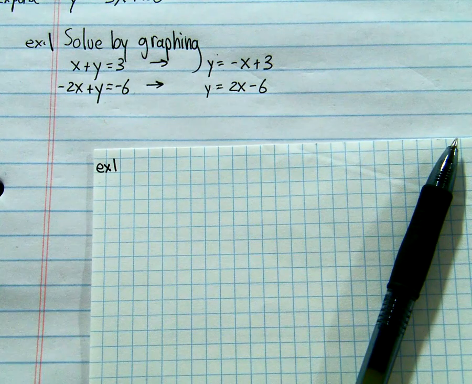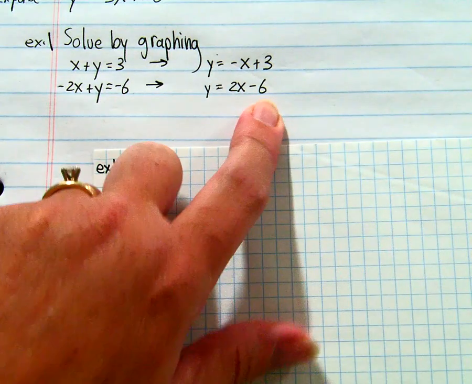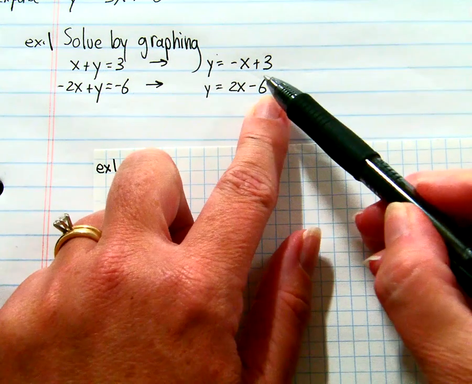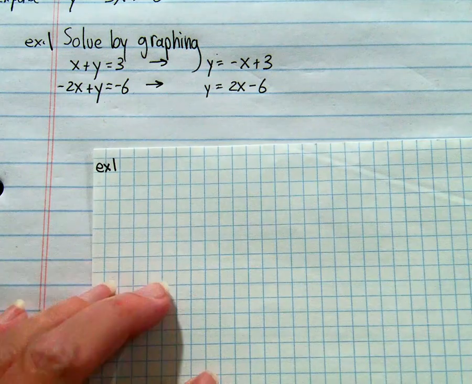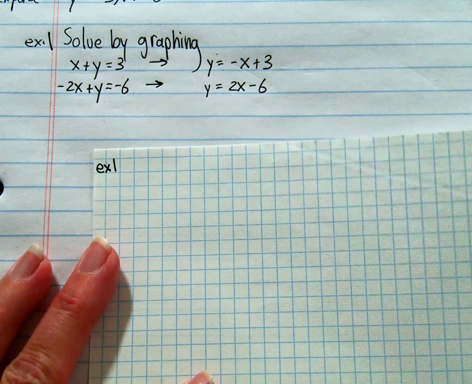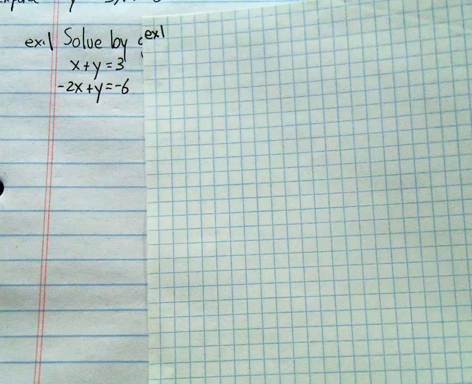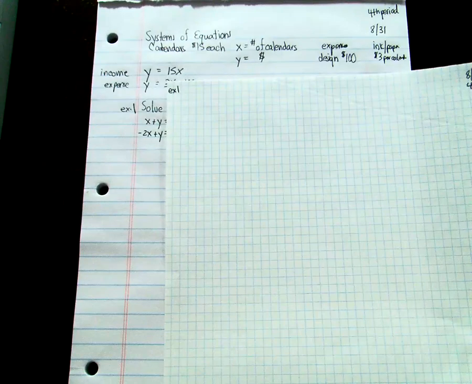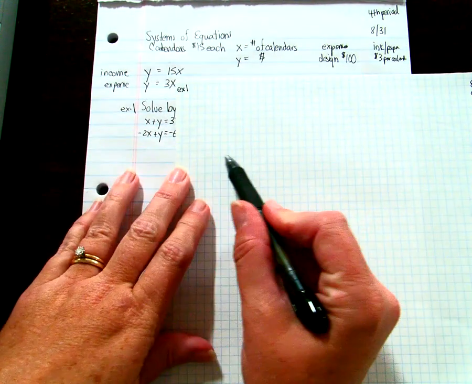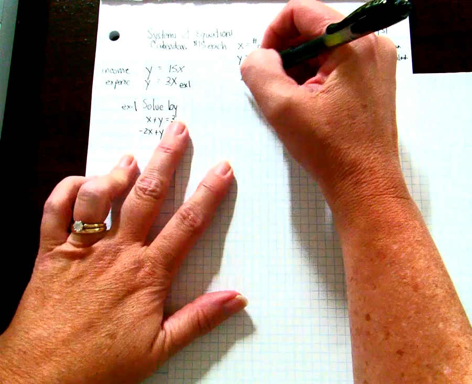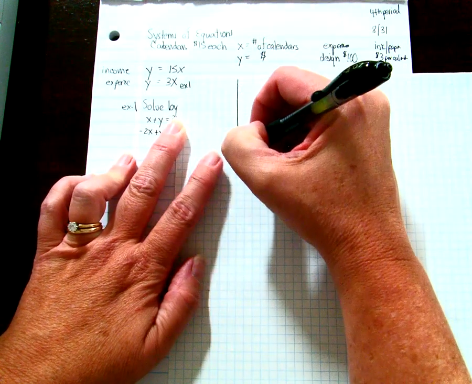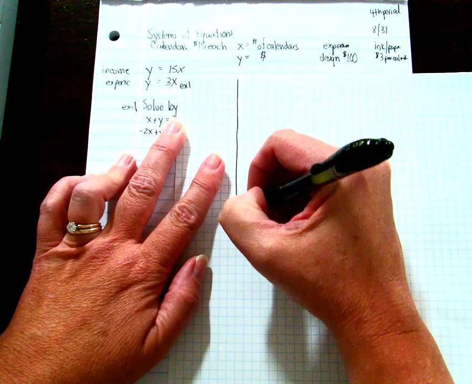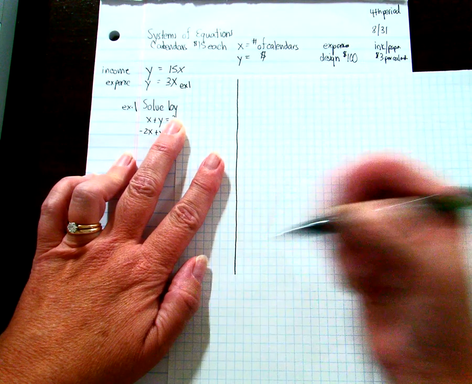All right, let's talk about this. Look at my y-intercepts. I'm going to have to go a y-intercept up to 3 and down to 6. So I need a pretty significant y-axis, don't I? Bigger than what we would get on this Olson graph paper. So I'm going to zoom this out so you can see my whole page. I'm going to leave myself some room over here and draw my y-axis pretty long, like, count where I have at least about 10 or so above and about 10 below.